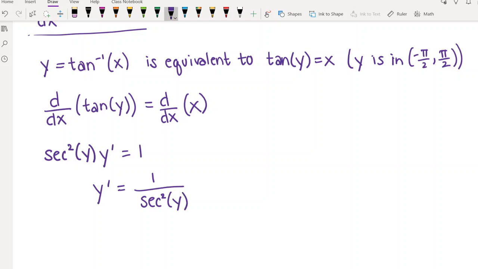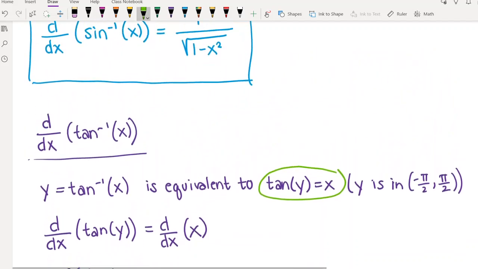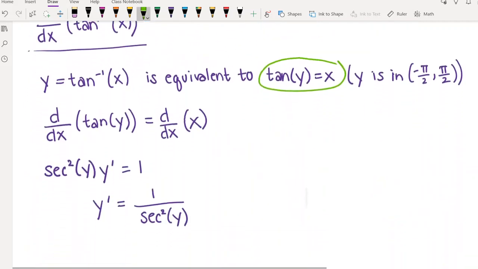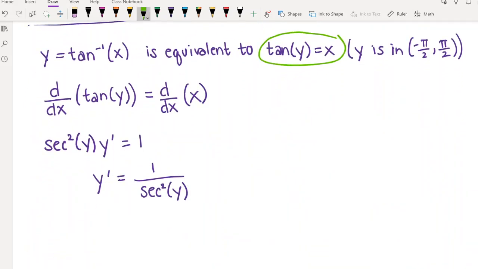So again, we need to eventually translate this back in terms of x. And so again, we're going to go back to this kind of key. In the last one we were trying to go from, I think, cosine to sine, right? Yeah, cosine to sine. And so this one we want to go from secant to tangent, because it's tangent that will allow us to translate stuff back in terms of x.